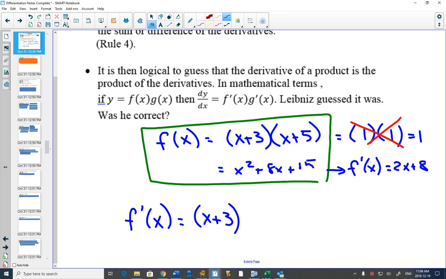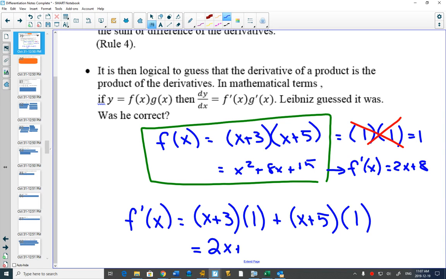What's the derivative of x plus 5? 1. Then keep the other one the same, x plus 5, and multiply it by the derivative of the first one. That's the derivative of x plus 3? 1. Multiply that out and simplify. You're going to get 2x plus 8, which matches up with what we know to be the right one had we multiplied it out.